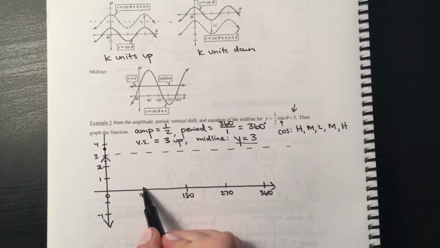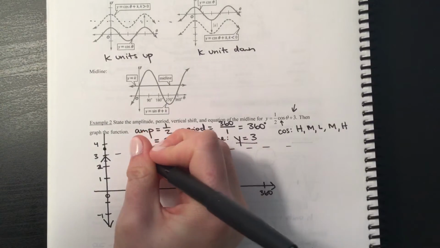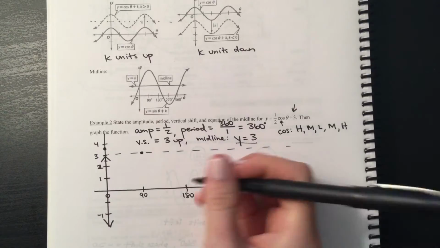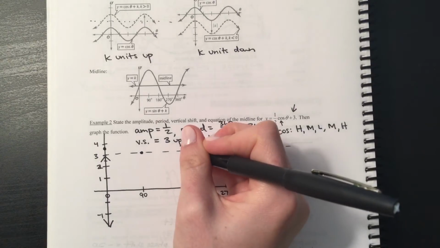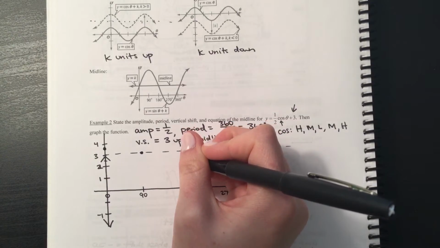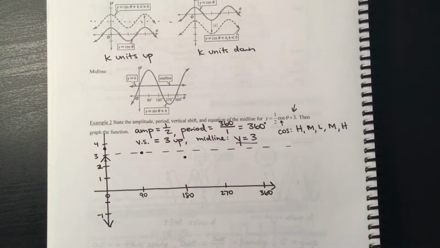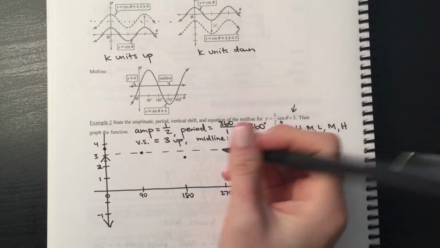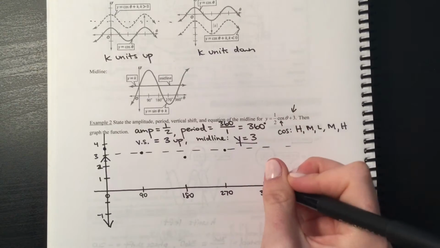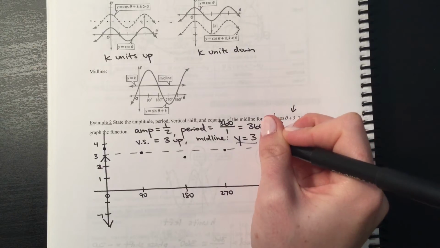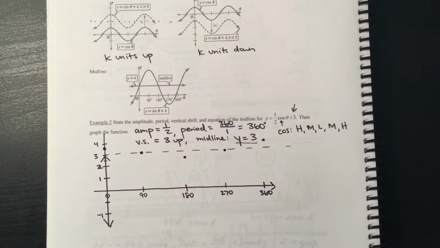Point number 2 occurs at 90, and it's going to be right on the midline, which is right here. Point number 3 is at the low point, which everything got shifted up 3 units, and then we go down half a unit because of the amplitude. Point 4 is on the midline, so it's going to be right here, and then point 5 ends up back at the high point. So really, really narrow graph.